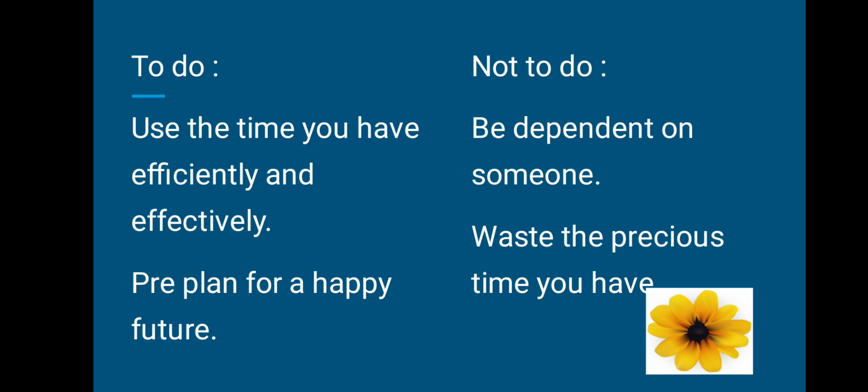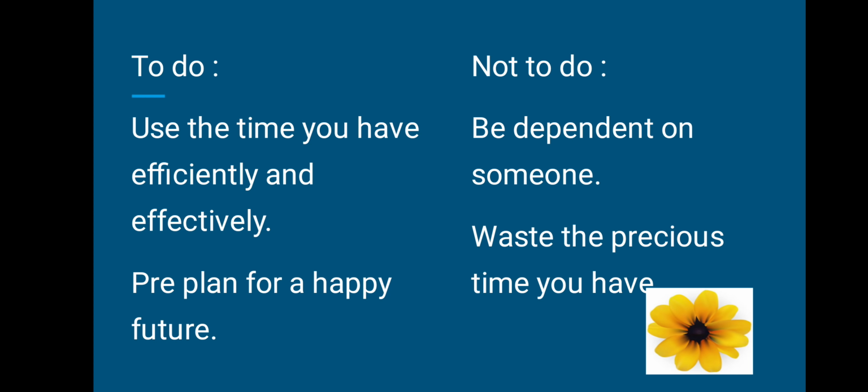Okay, and the things that you're not supposed to do are, be dependent on someone. Now that you're minors, your students, your children, you're loved, you're in a family, you are dependent on your parents, but they are giving their love to you for you to become independent, for you to stand strong on your own feet, earn well, and help people around with what you earn.